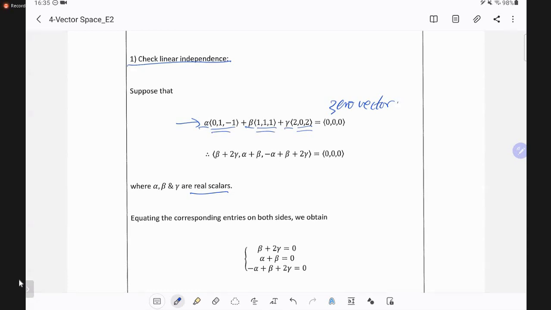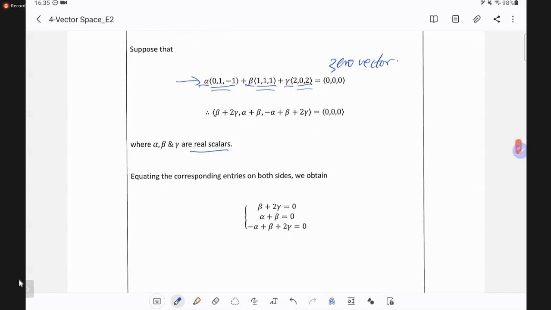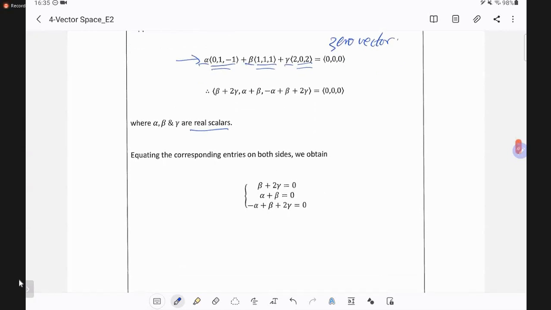If you agree, we are moving on to this target. Let's take a look. We are going to solve for the following system. I compare the entries on both sides correspondingly. For example, the first one, beta plus 2 gamma, corresponds to the first entry, 0. I just use the blue arrow to connect.